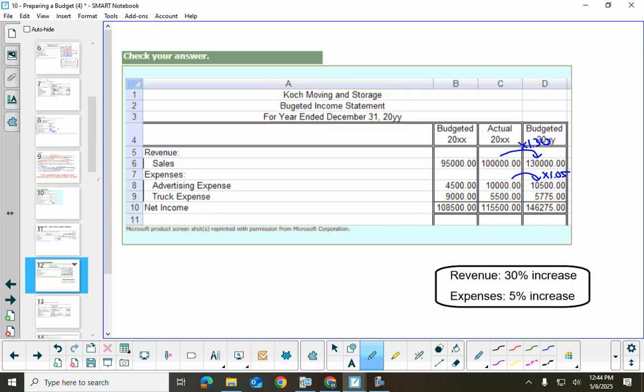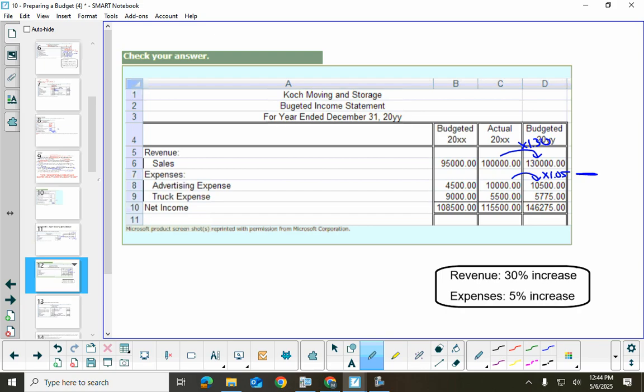And then again, revenue minus expenses. So 130,000 minus the 10,500 minus the 5,775. So his net income was 115,500. He is hoping for next year to have a net income of 146,275.